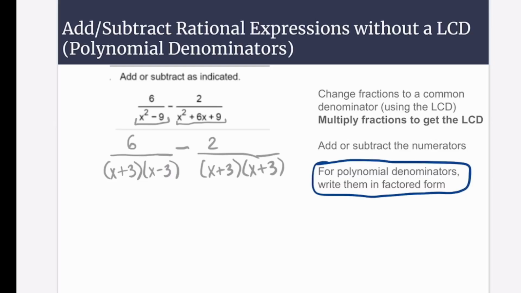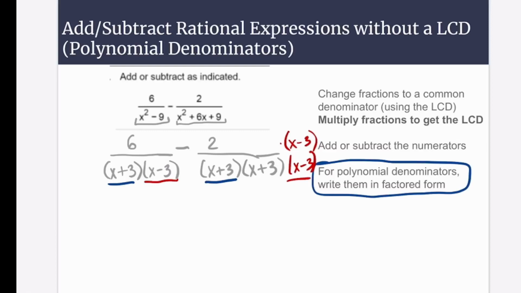Now we have our expressions factored. Now we can look at the denominators and figure out what's missing. Both denominators already have an x plus 3, so that's fine. The first denominator has an x minus 3, which does not exist in the second denominator. So I'm going to have to multiply the second fraction by x minus 3, and now those are the same.